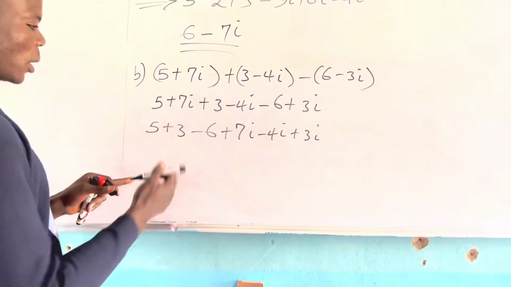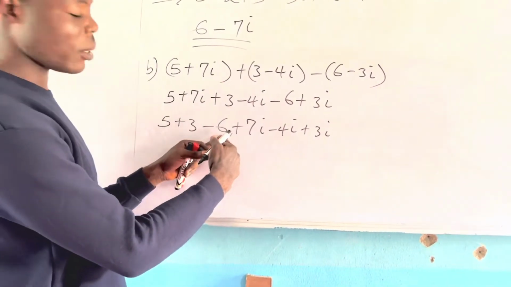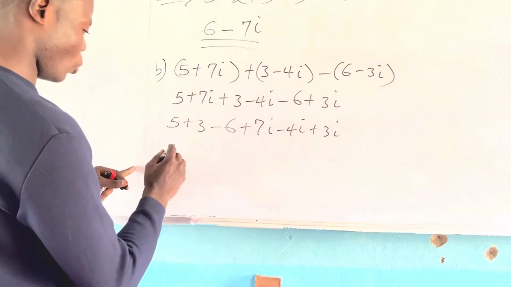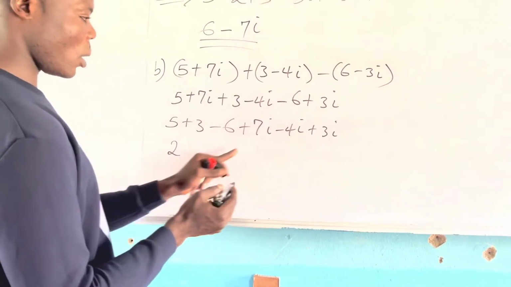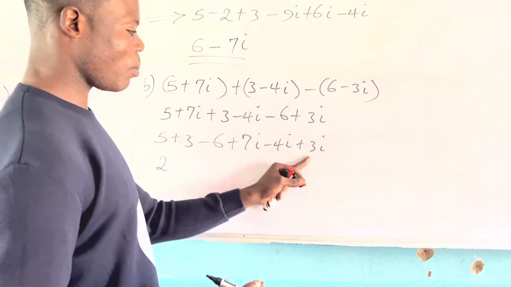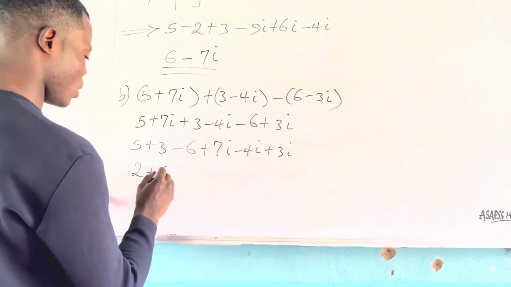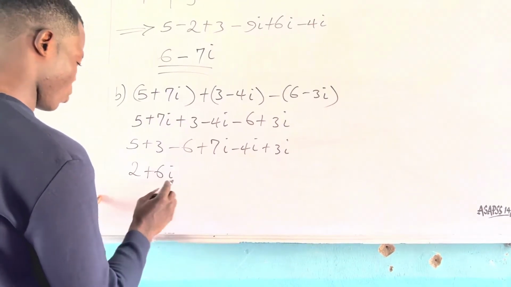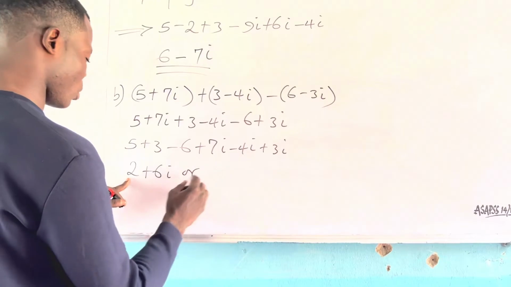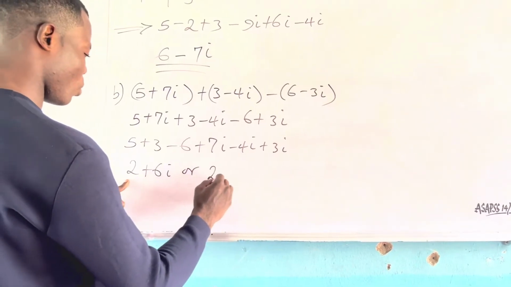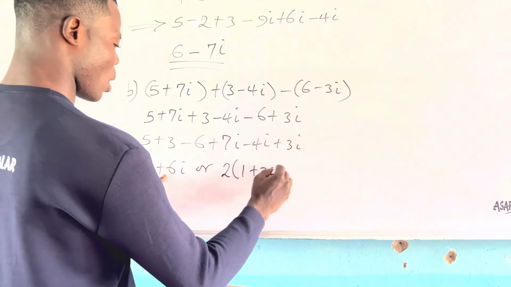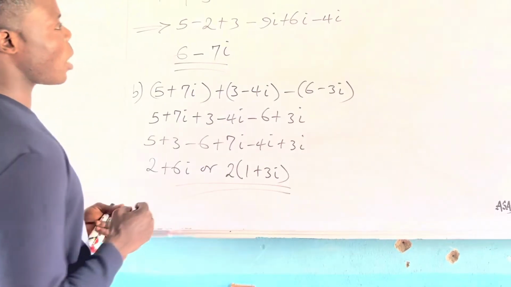So let's operate. 5 plus 3 minus 6 will give us a 2. Then 7 minus 4 will give us 3, so 3 plus 3 will give us a 6i. So this is our answer, or we can also simplify if we like, 2 plus 6i, or 2 into 1 plus 3i. So this is our answer.